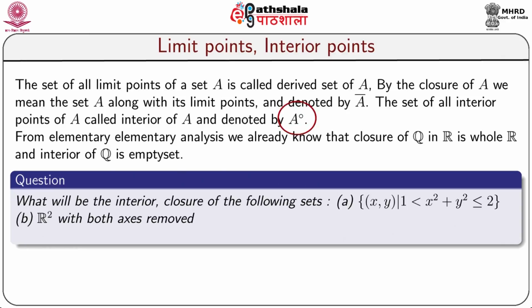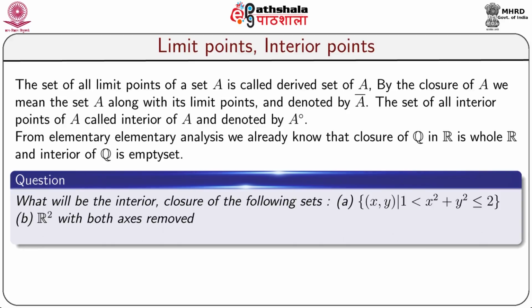So, what will be the closure of Q in the usual topology of R? The closure of Q will be the whole of R, and the interior of Q will be the empty set in the usual topology of R. Let us put a question. What will be the interior and closure of the following sets? The first one is all (x, y) such that 1 is less than x squared plus y squared, which is less than or equal to 2.